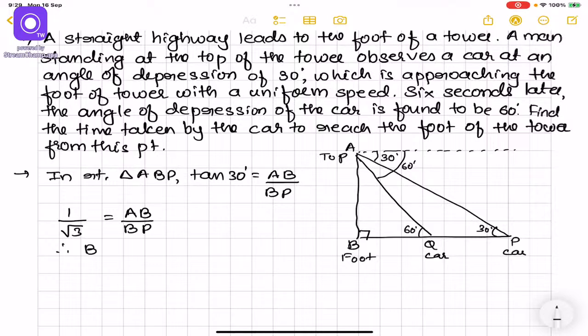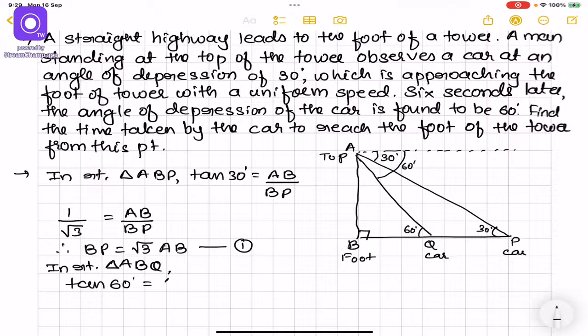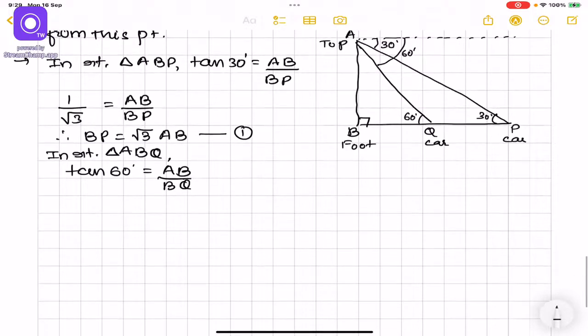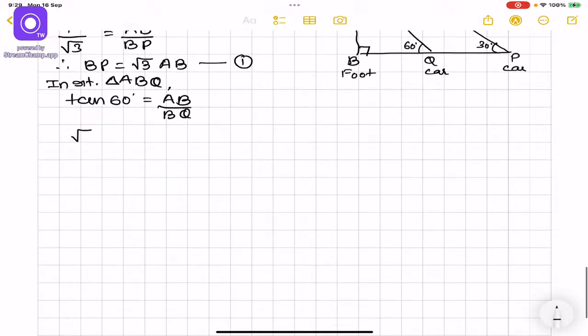Therefore BP equals root 3 AB. Let me give this as number 1. Now in right triangle ABQ, tan 60 equals AB upon BQ. So root 3 equals AB by BQ. Therefore BQ will be equal to AB upon root 3.